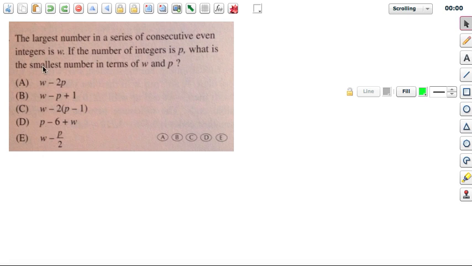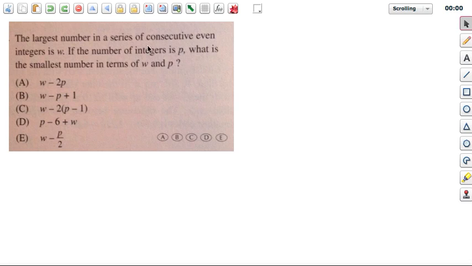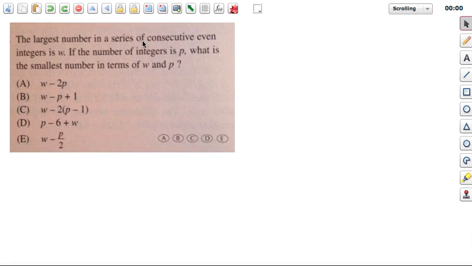Let's gather the information. The largest number in a series of consecutive even numbers, so I want to underline consecutive. The word consecutive is very important, so we want to underline consecutive even integers, and that is W. So you could have 2 consecutive even numbers, and the last digit is going to be W. That's what I understand.